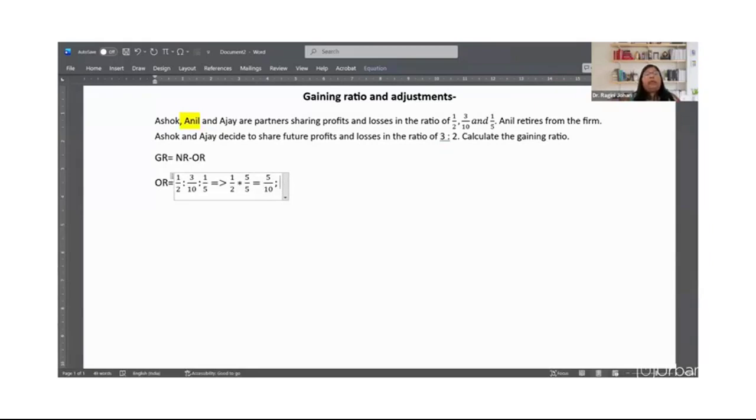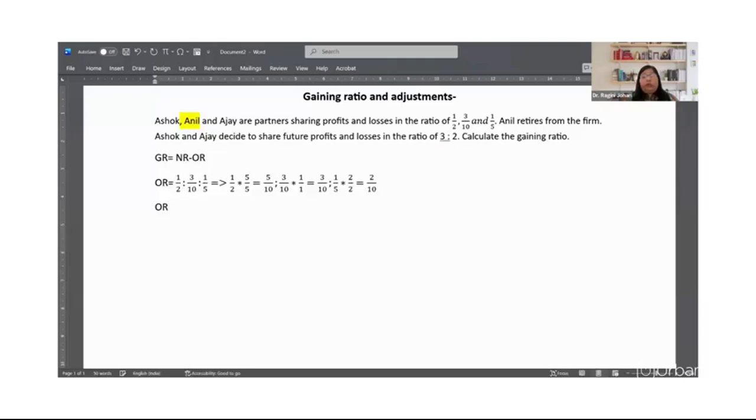Then 3 upon 10 remains the same, no change. The third ratio is 1 upon 5; I multiply and divide this by 2 and I get 2 upon 10. Now, as you can see, all the denominators are the same.